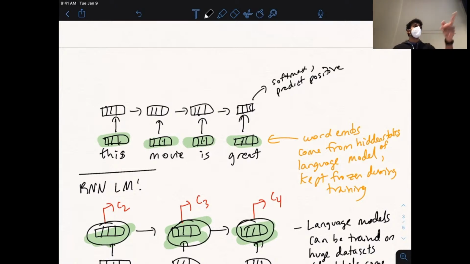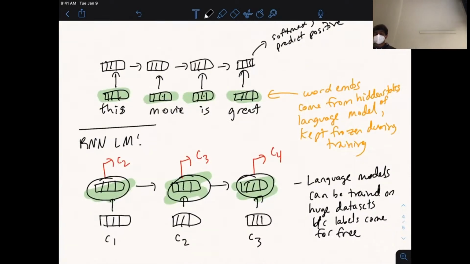Yeah? Why are you taking the hidden layers of RNN? The question is, why are we taking the hidden layer of the RNN? So these hidden layers are specialized to predicting the next word, right? And so if you remember, we looked at some examples where this task of predicting the next word requires a lot of semantic and syntactic knowledge about the prefix, right?